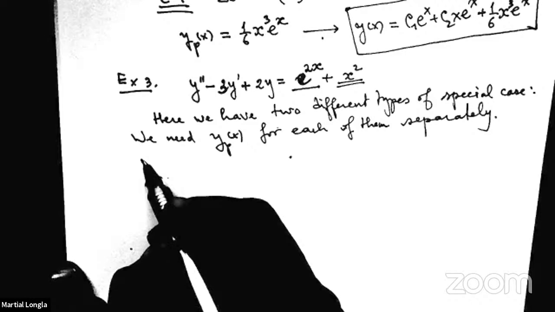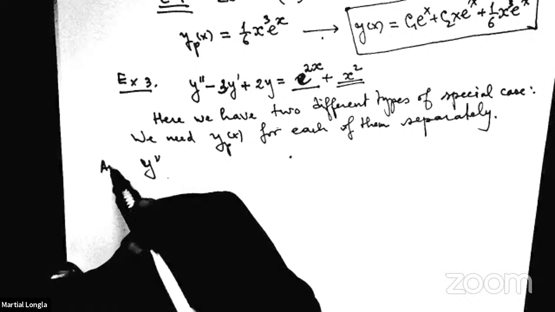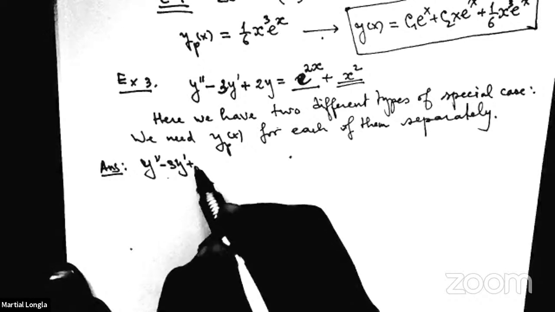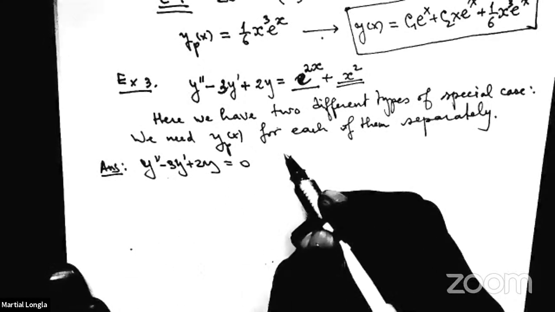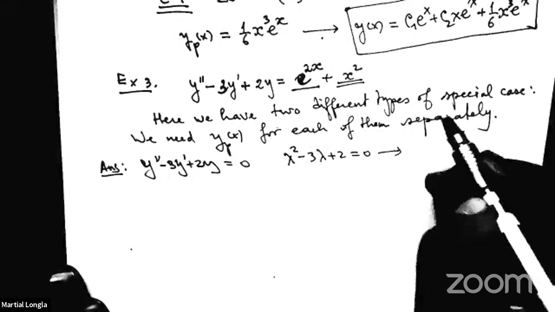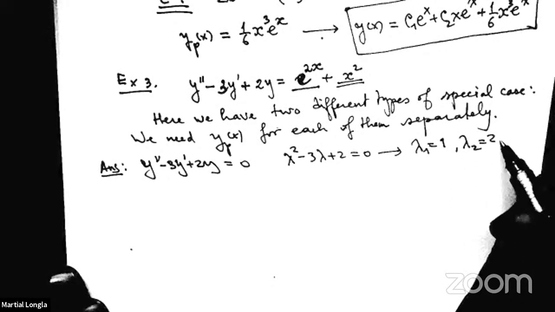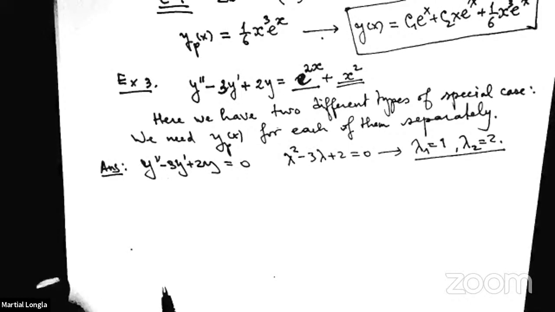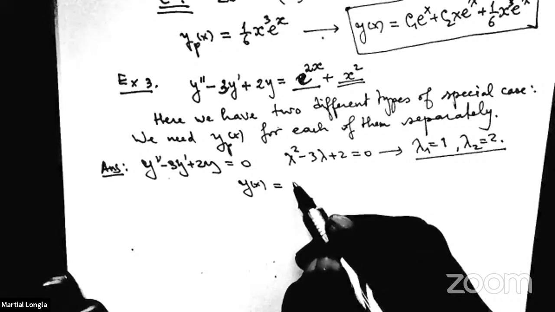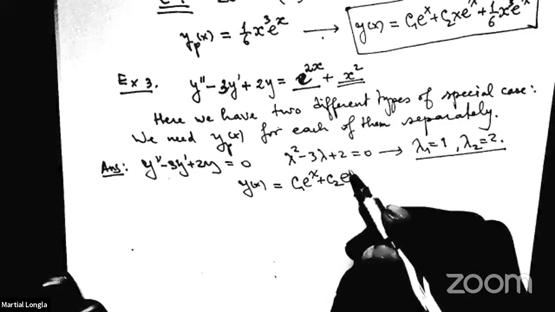But in general, if we are solving this, the Euler equation is lambda squared minus 3 lambda plus 2 equals 0. And that gives you lambda 1 equals 1, lambda 2 equals 2, using your quadratic equation. So you get y of x equals c1 e to the x plus c2 e to the 2x.